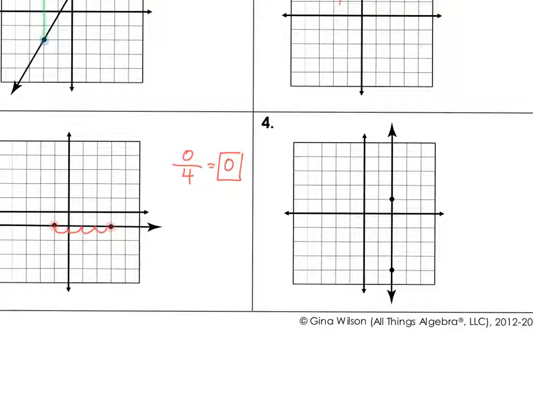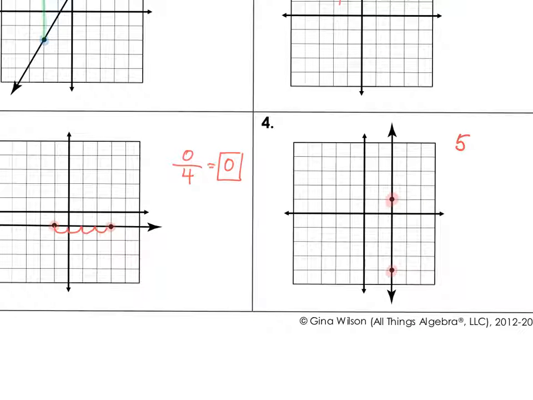Now we can compare that to number 4, which we know the slope is undefined because we saw that in the notes earlier, but let's further prove why it's undefined using rise over run. Now, to go from point A to point B, I'm going to rise down 1, 2, 3, 4, 5, or you can rise up from here to here, 1, 2, 3, 4, 5, whichever you want to call it.